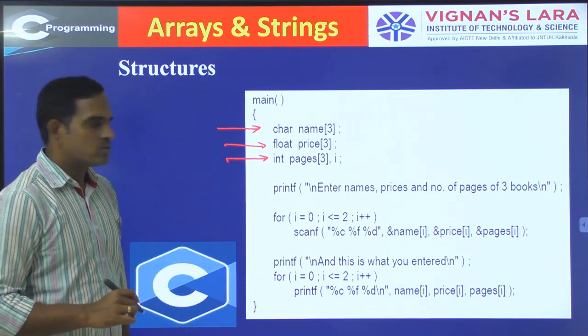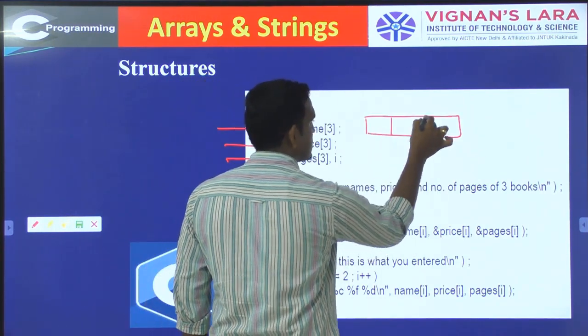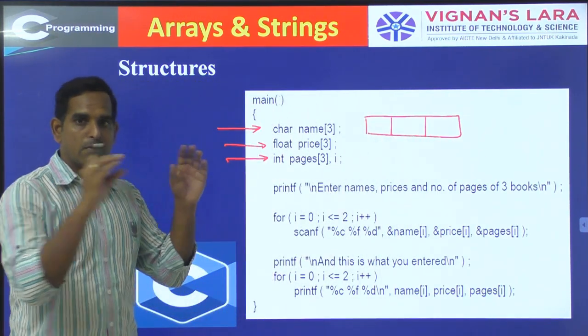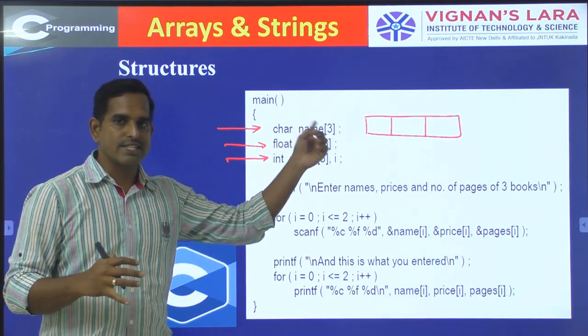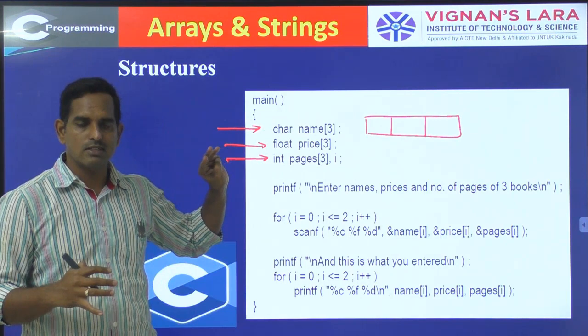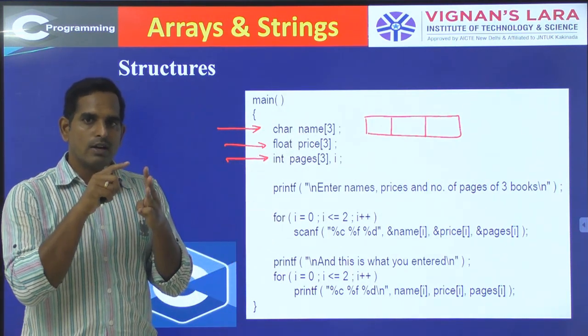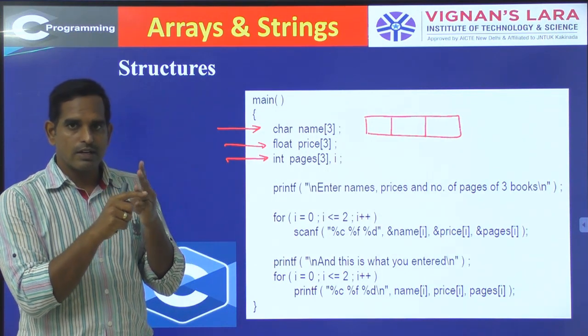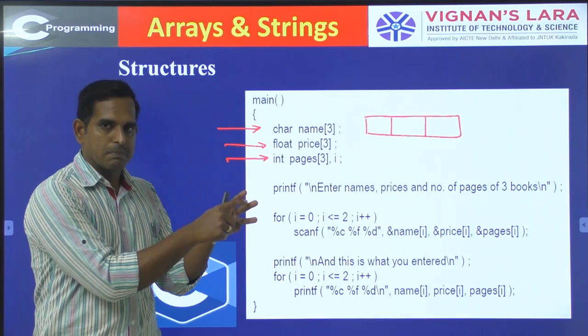If I say name of 3, you can have only 3 single characters. Remember, these names are strings, so you have to take an array of strings here, not just 3 characters. Why? Because you have to store the 3 names of your complete books. It might be C, C++, Java.